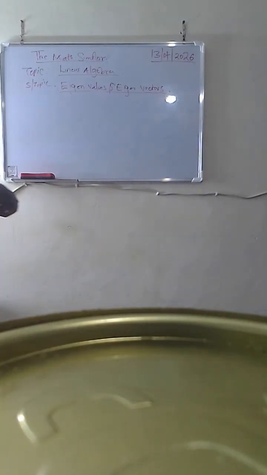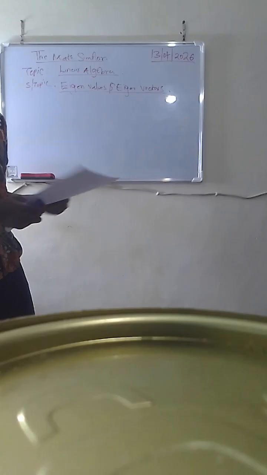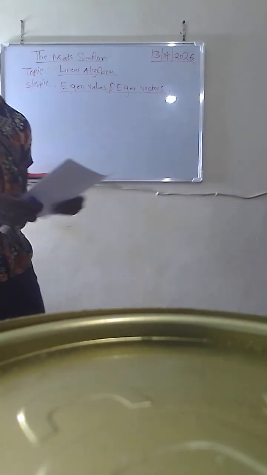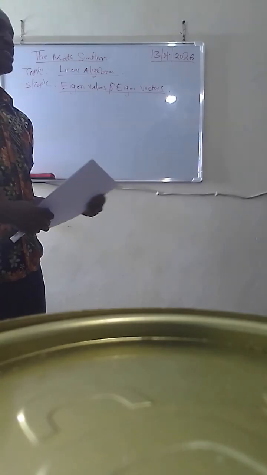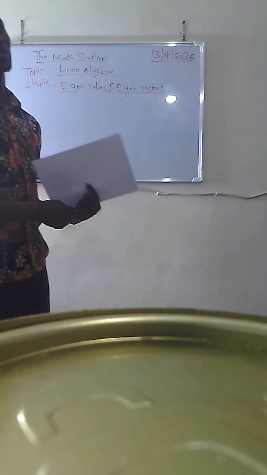In simple terms, eigenvalues are just scale factors. When you increase something by 2, that 2 becomes an eigenvalue.